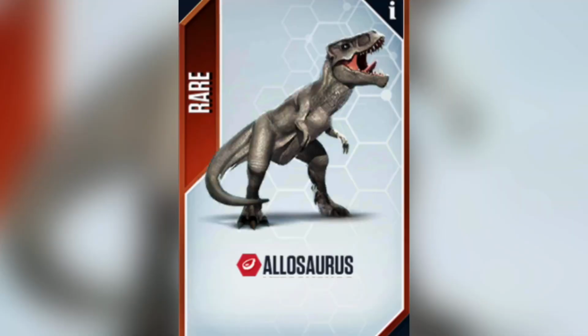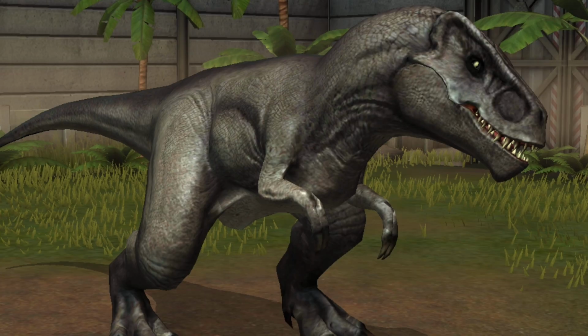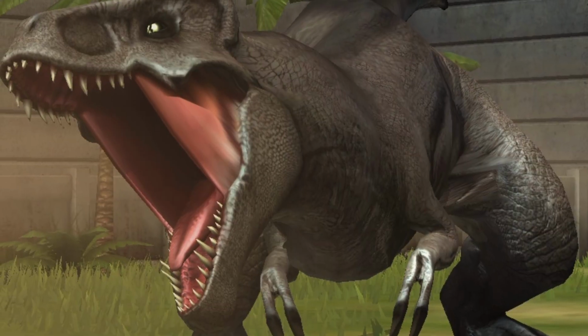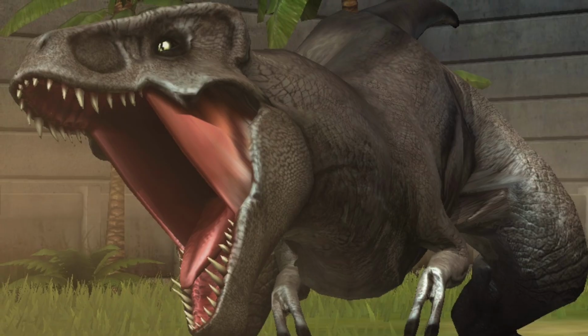Now we're back to the Jurassic World franchise with Jurassic World the game. Now they have a very unique Allosaurus design in this game. It's different, that's for sure. And if you didn't tell me it was an Allosaurus, I probably wouldn't have guessed. It's very blocky, especially in the head. It has 2 claws instead of 3, much like a Tyrannosaurid.